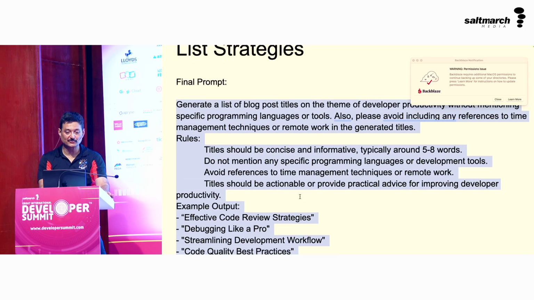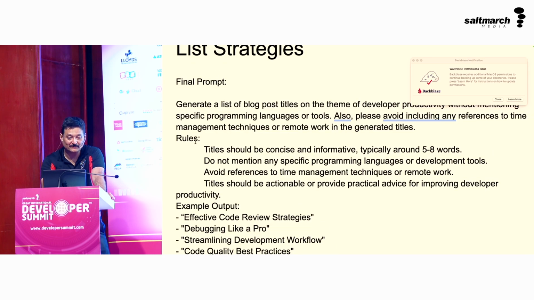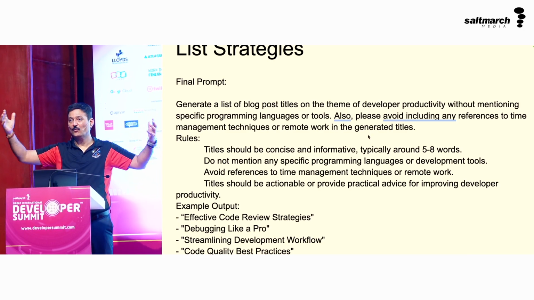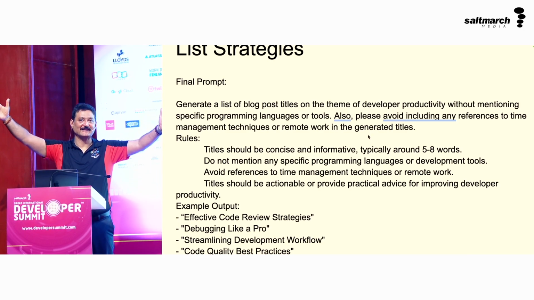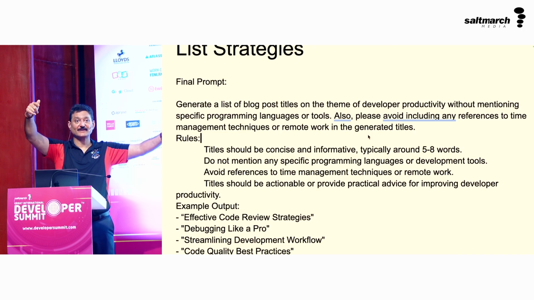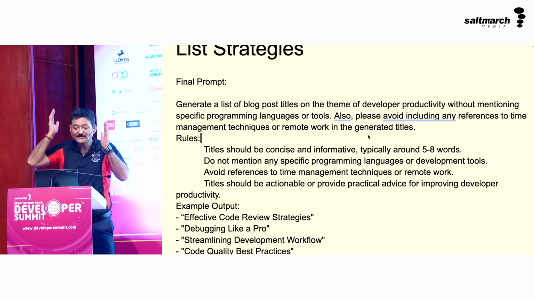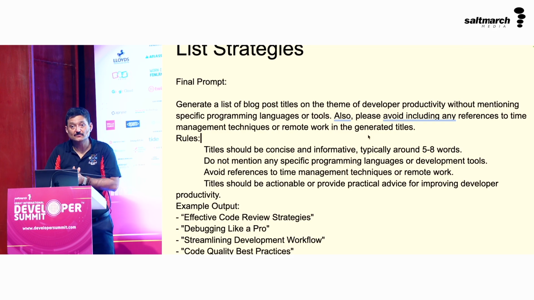Now, what I'm trying to do here is, I'm showing you something called rules. When you generate something, you create rules. Why do you create rules? Can anybody tell me? Giving directions. What else? Yeah, what to do and what not to do.